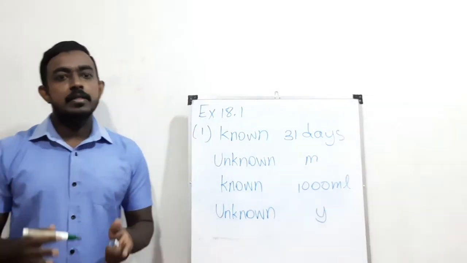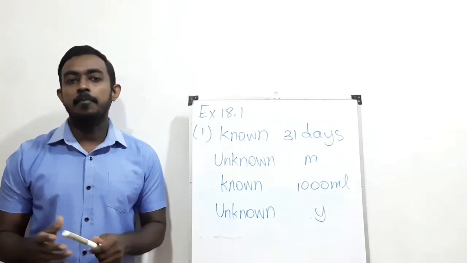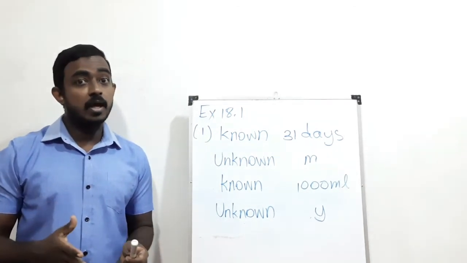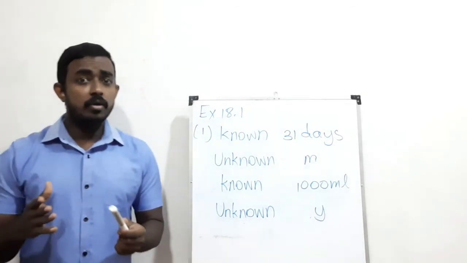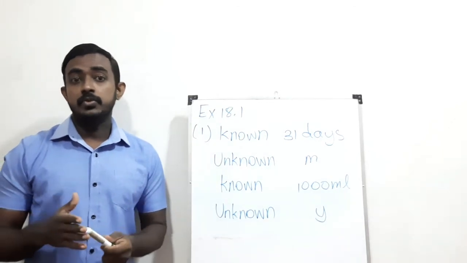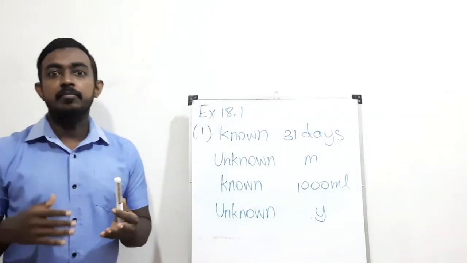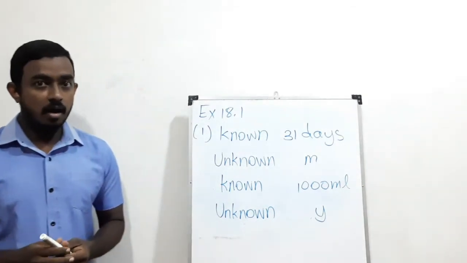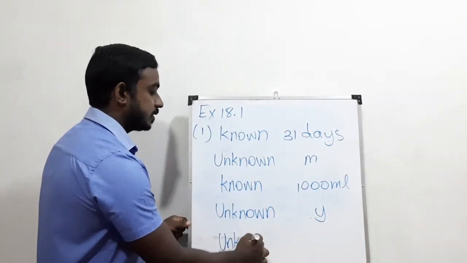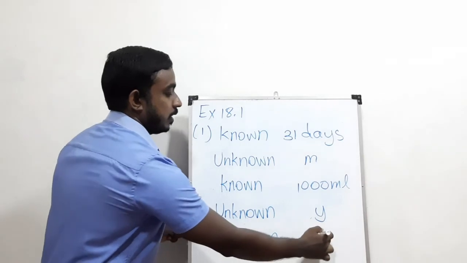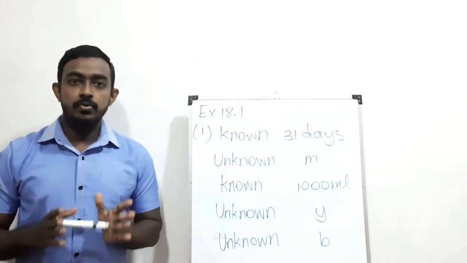Then the last one, the number of times you took a breath yesterday. Did you ever count the number of times you took a breath yesterday? No, never. We know that we breathe every day, so it is an unknown, and we can give it a symbol such as B.